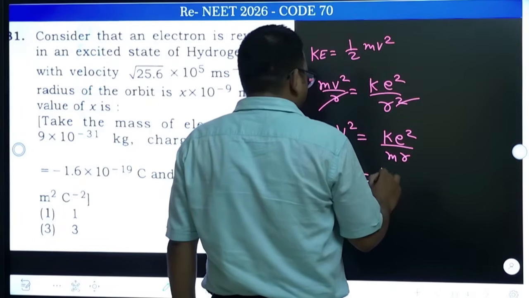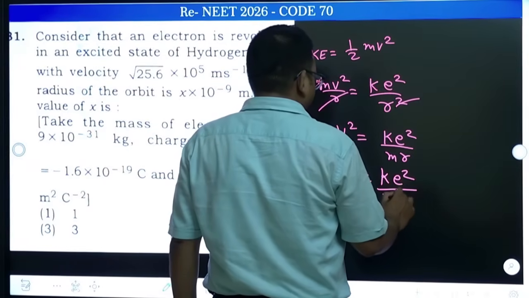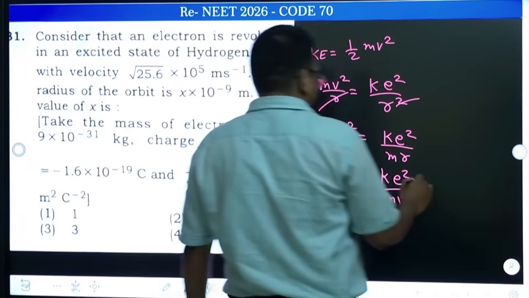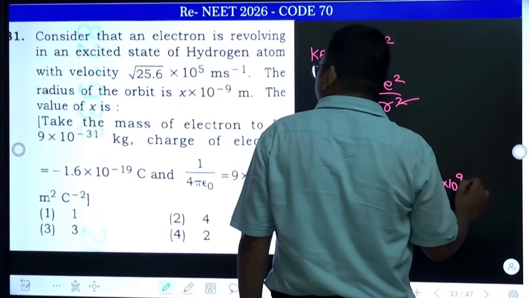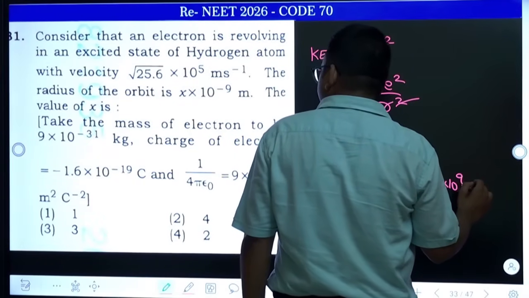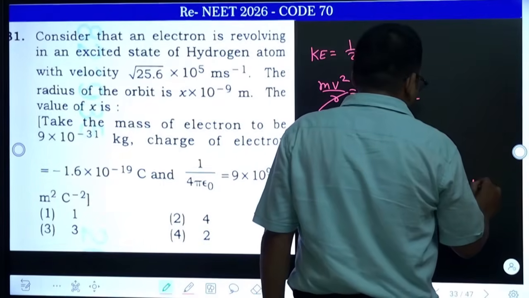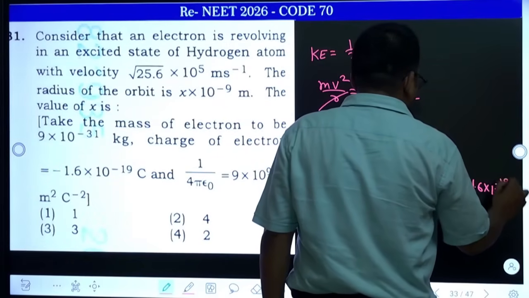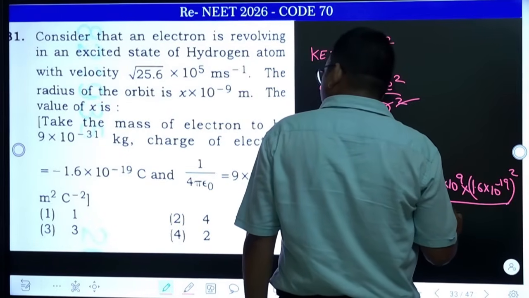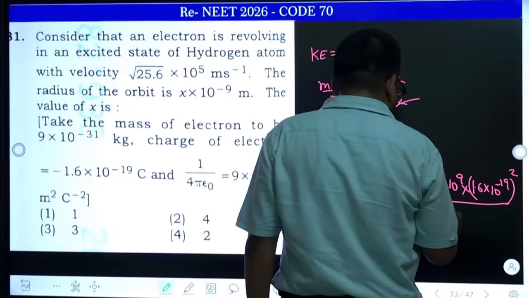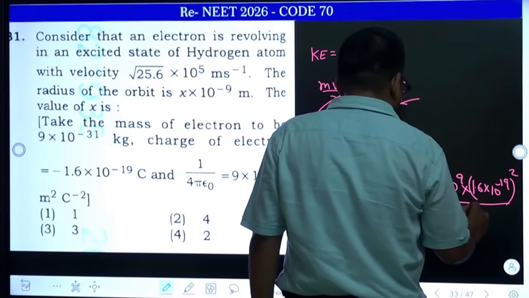So r is equal to k e square by mv square. Right, let us substitute 9 into 10 to the power 9, e square. E is what? 1.6 into 10 to the power minus 19, square, right? Mass is 9 into 10 to the power minus 31.